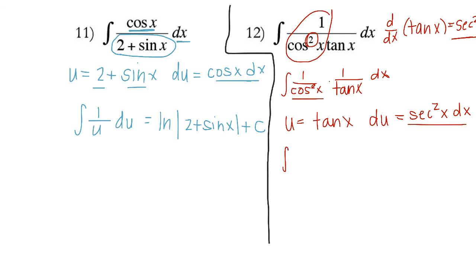So now when we do our integral, we're going to have 1 over u du, and inside that du is secant squared x dx, which is here and here. So that's already accounted for. So this entire problem really turned into a straightforward u substitution and an answer of the natural log, absolute value of what we let u be, which is tangent x, and then plus c.